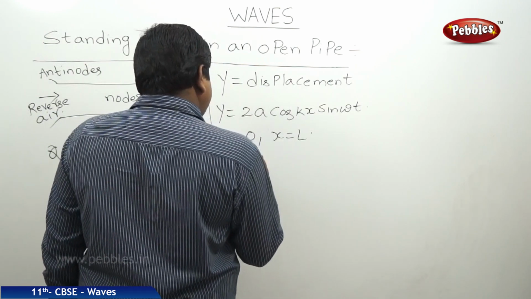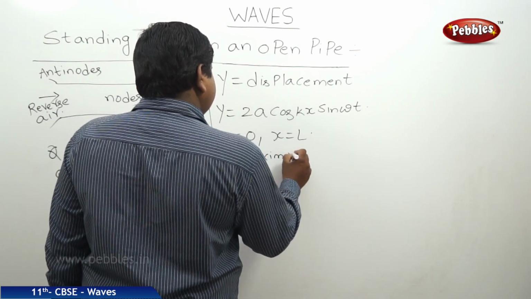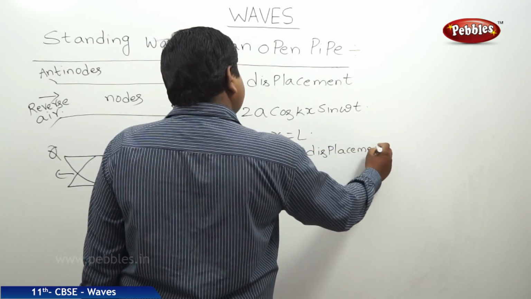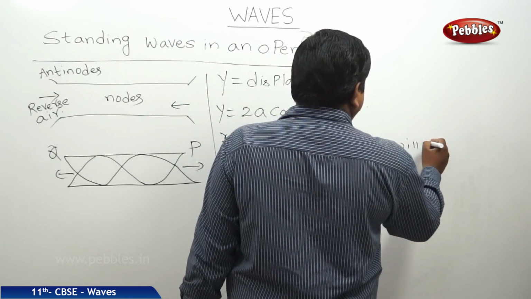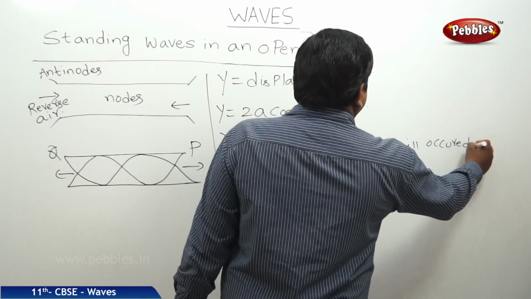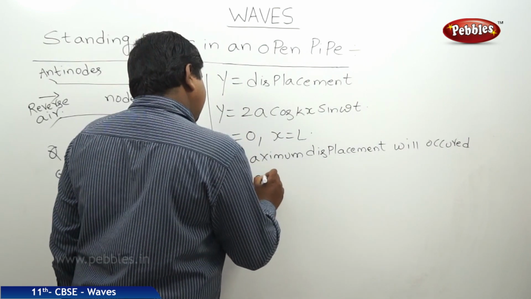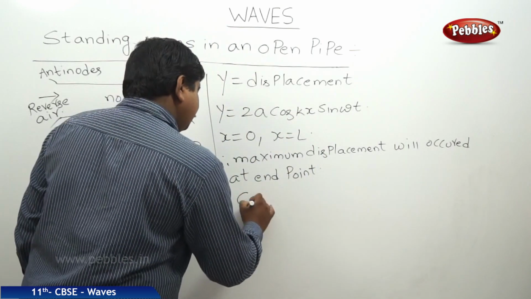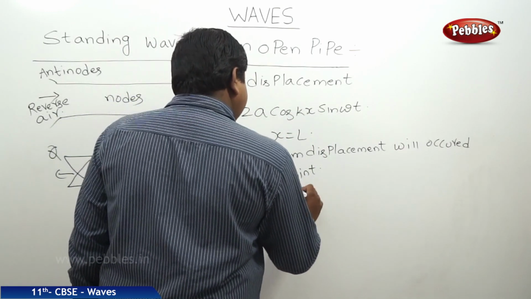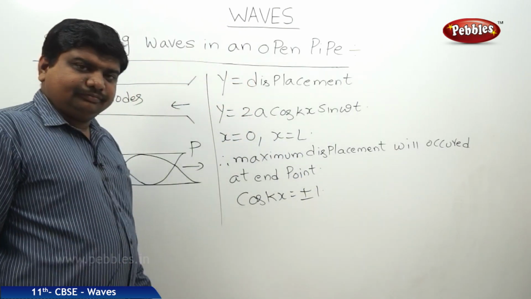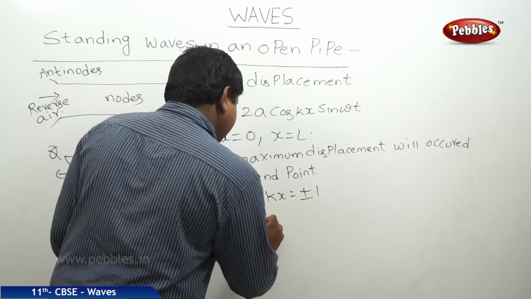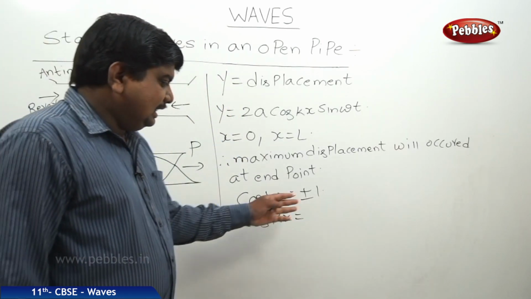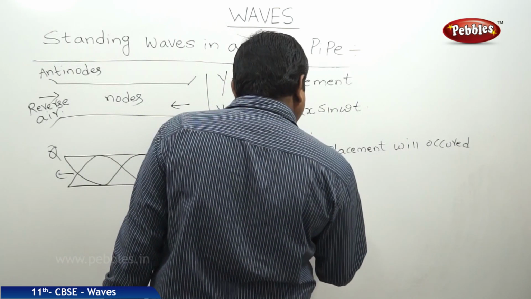Therefore, maximum displacement will occur at endpoints. Therefore, cos kx is equal to plus or minus 1. Cos kx is equal to plus or minus 1 means it is the function of cos n pi.